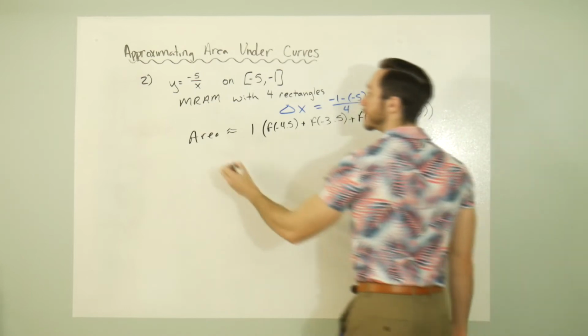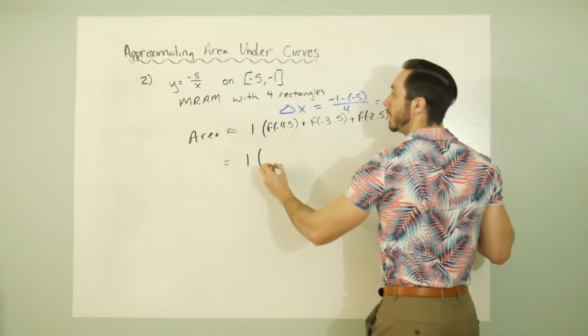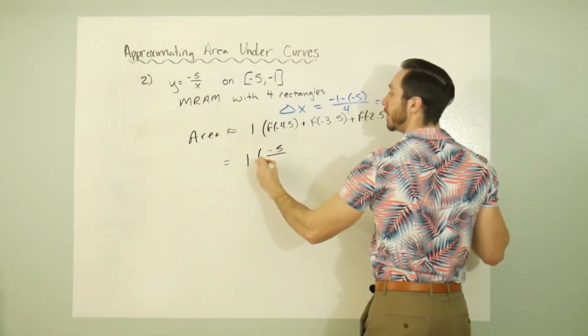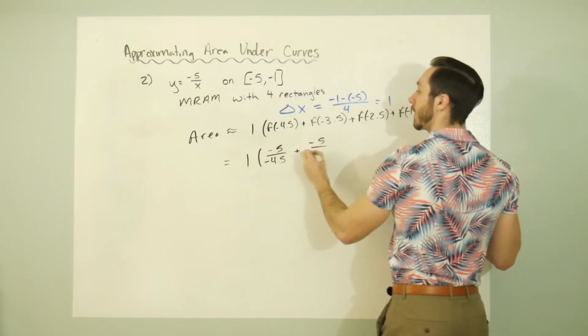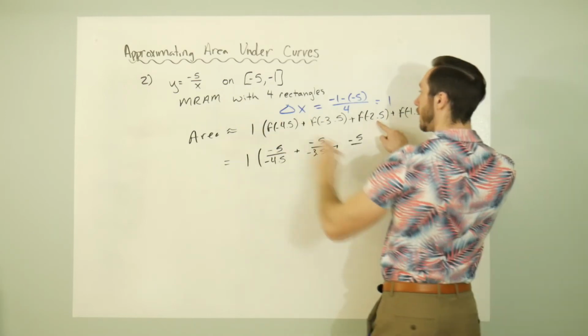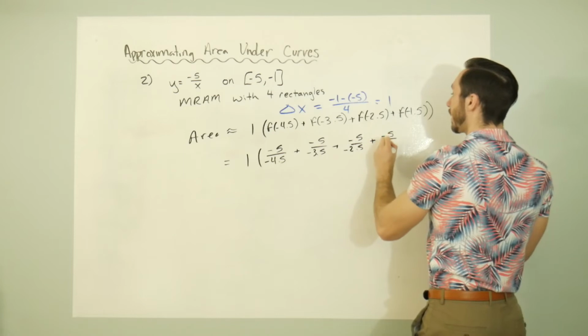So this expression is equal to 1 times, plug in -4.5, so it'll be -5 over -4.5 plus -5 over -3.5 plus -5 over -2.5 plus -5 over -1.5.